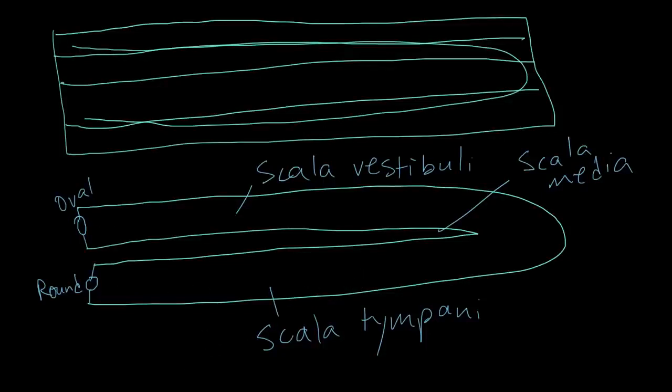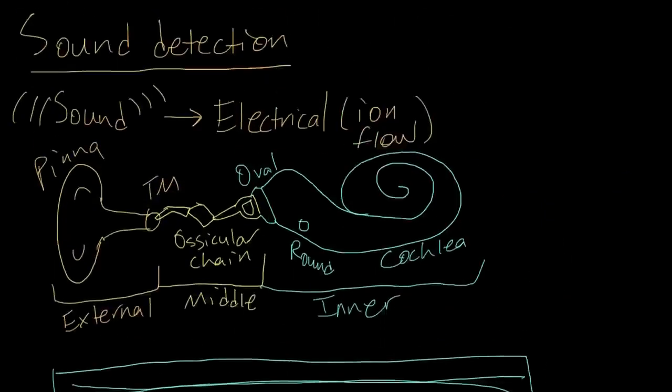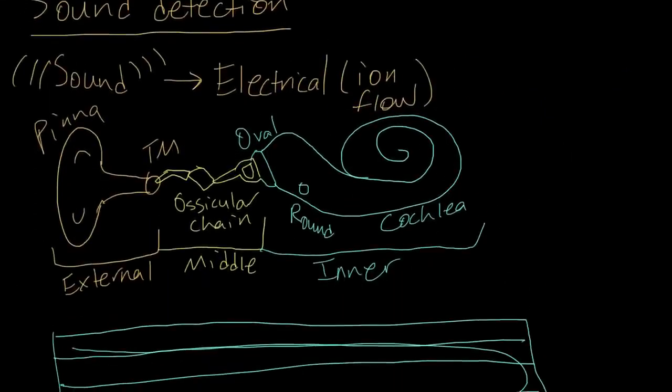So, whenever a sound wave is going into the ear, it gets collected and funneled into the external auditory canal, and it vibrates the tympanic membrane. And that's going to cause the ossicular chain to swing back and forth, kind of like little levers.